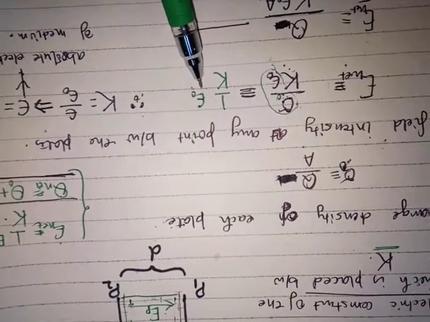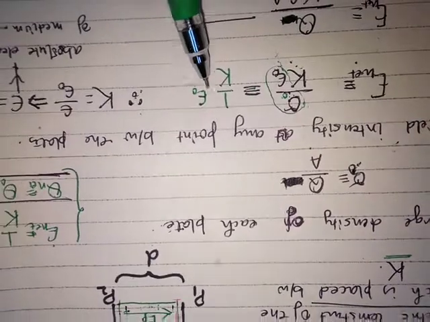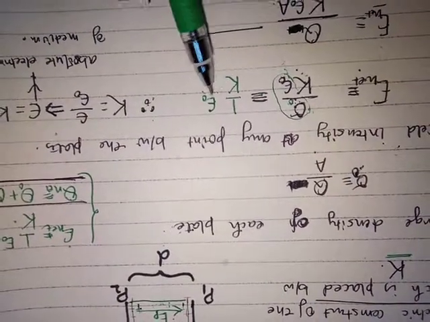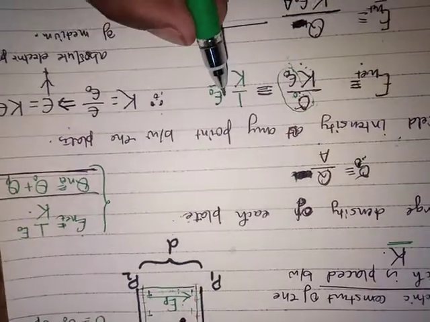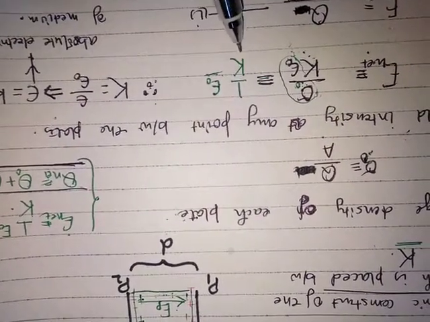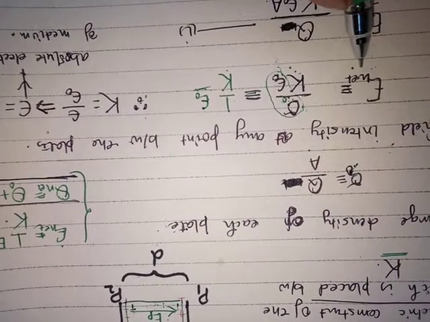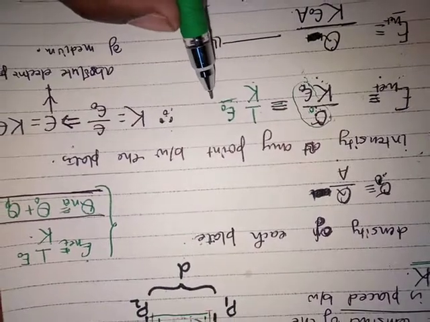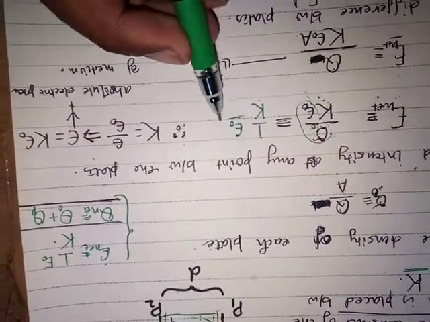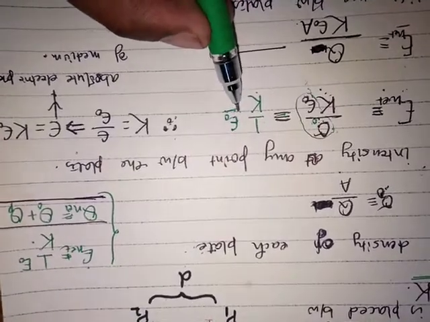So we discussed this point in the class. The initial electric field goes down by the factor of 1 upon kappa. This is E net. So what is the E net value? E net depends upon the initial electric field, and this goes down by the factor of kappa.